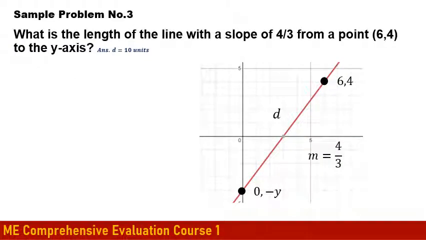Sample problem number 3. What is the length of the line with a slope 4/3 from a point (6, 4) to the y-axis? So you can see here the illustration of this problem. So we have this point (6, 4) and the point (0, -y), which is a point on the y-axis.